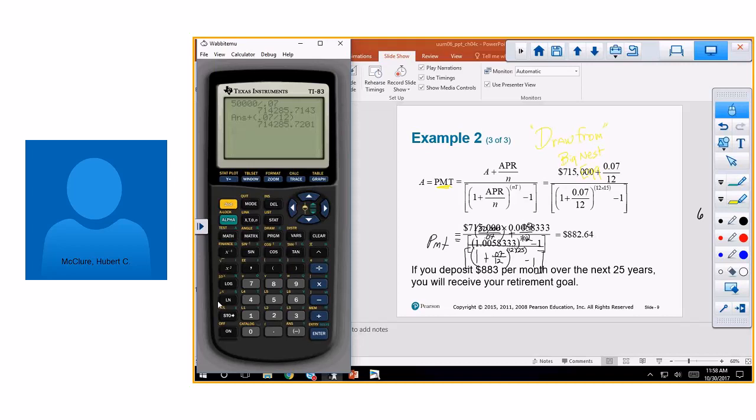I'm going to store that as alpha N, the numerator, because I can't see anything because of this right here. I'm going to try to do this now.